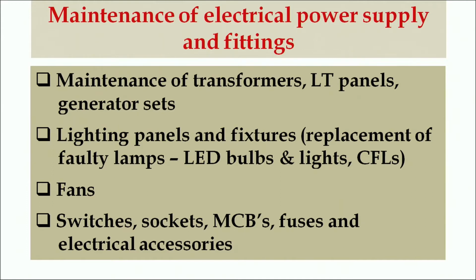Lighting panels and fixtures, like replacement of faulty lamps, LED bulbs, lights and CFLs. Fans, switches, sockets, MCBs, main circuit board, fuse and electrical accessories. These are the electrical power supply equipment or fittings at our premises, and we need to regularly maintain and repair them.